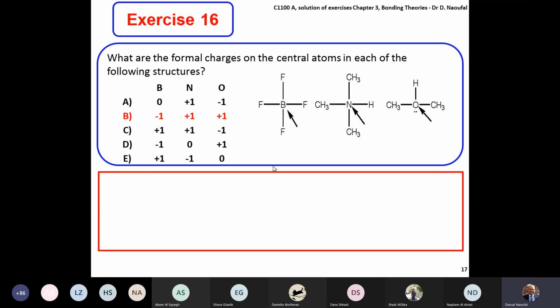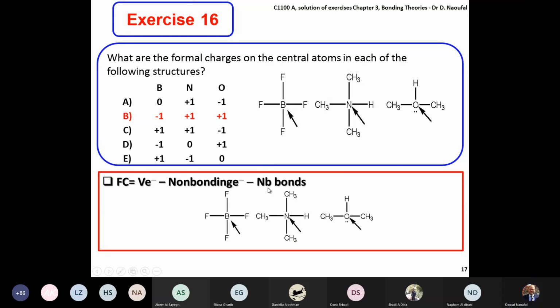So for boron, we have 3 minus 0 minus 4, so the formal charge is minus 1. For nitrogen, we have 5 minus 0 minus 4 bonds, so the formal charge is plus 1.